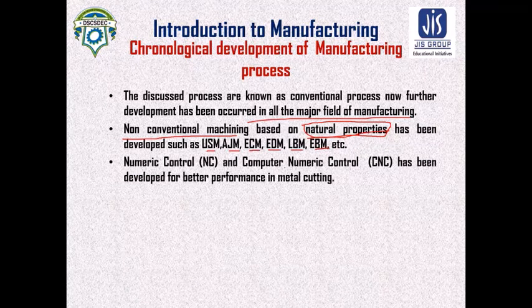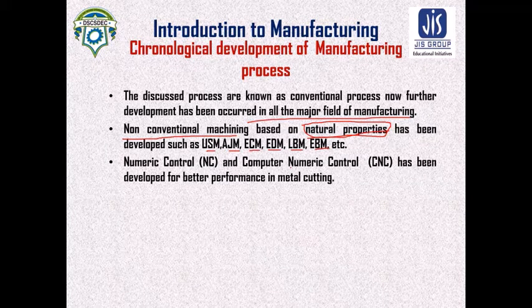Another kind of development in the field of machining is called numeric control, or computer numeric control. In the conventional case, the process parameters of the machining, that means the speed and the operation of the machining, are controlled by the operator. Operator skill is a variable thing, and the operator is human, and humans are prone to error.